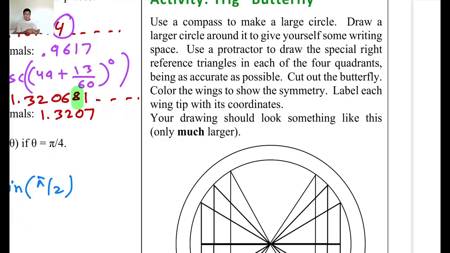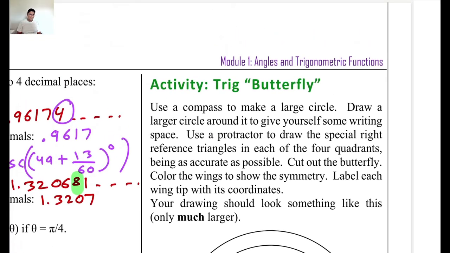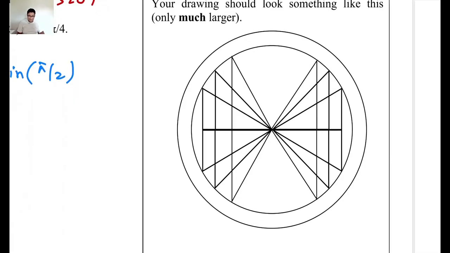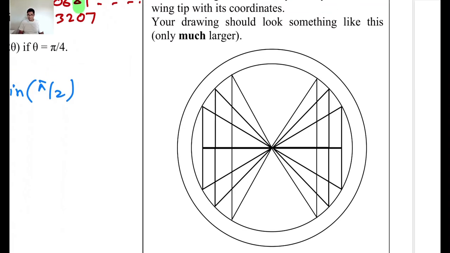this activity will be really useful in helping you remember the values of the trigonometric functions at different angles. And it will be a beautiful butterfly that you can make. Maybe if you are in college and going to be celebrating some math event, you can take this as a project and show it as a presentation.